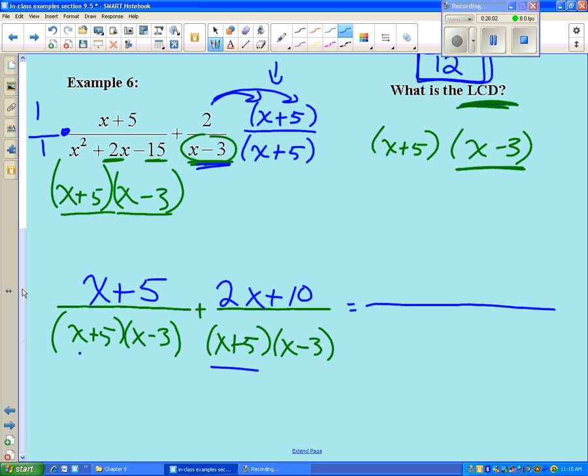So now I'm going to make it down to 1 fraction. This is x plus 5 times x minus 3. That's my denominator. My numerator is x plus 2x is 3x. 5 plus 10 is 15.